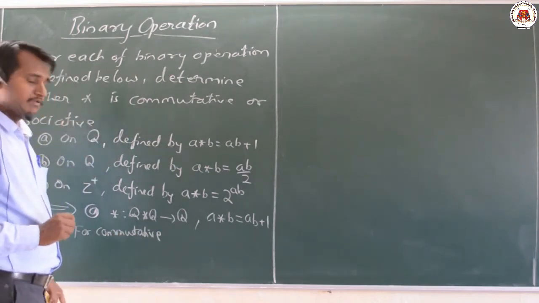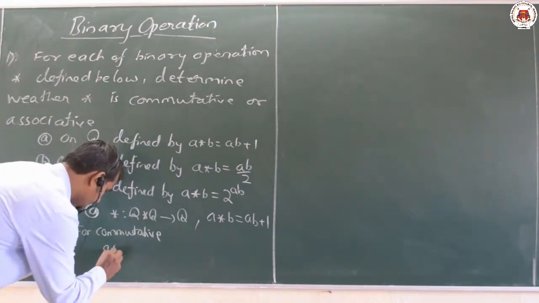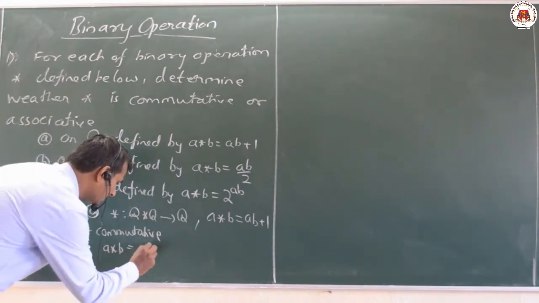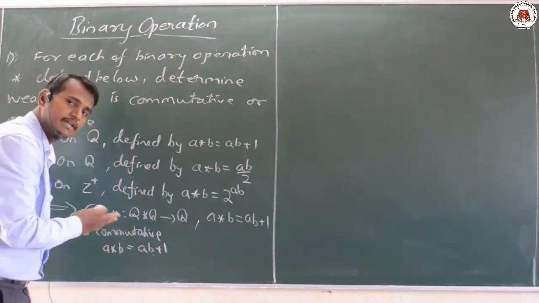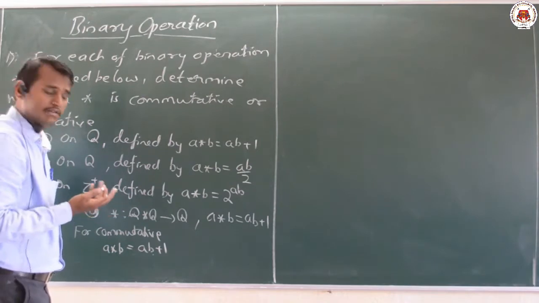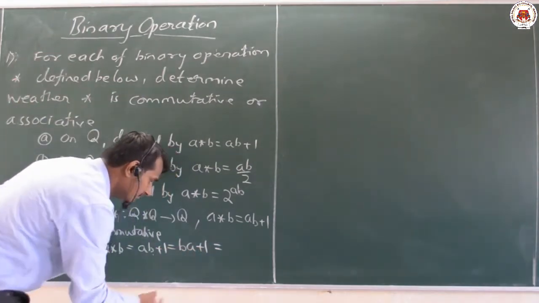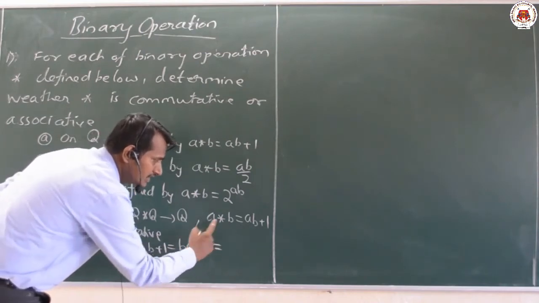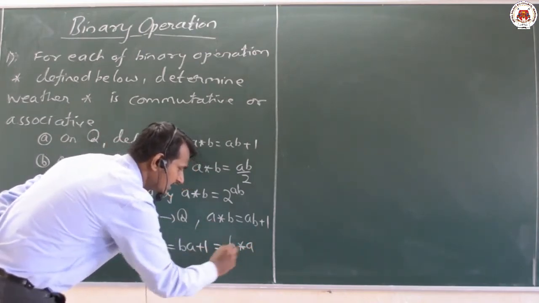Commutative means what we require to show? a star b equal to b star a. That is, a star b equals ab plus 1. If I interchange these two values, instead of ab, if I put ba, nothing wrong in that. Therefore, what we get here is ba plus 1, which is nothing but b star a.